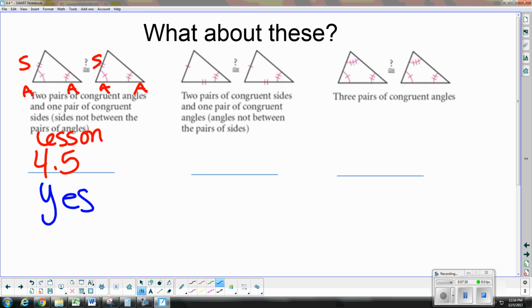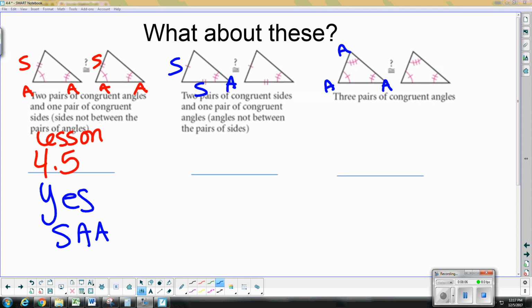So side, angle, angle is a shortcut to prove that the 2 triangles are congruent. And then this next one we're going to look at today. We'll get into it in a little bit, but this is side, side, angle. And then this last one is angle, angle, angle.